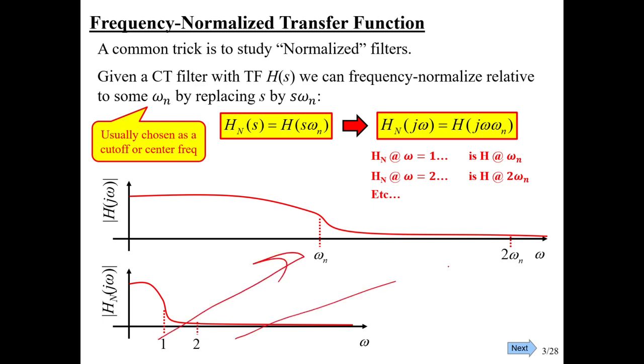So in books that talk about the design of analog filters, they often just do all the development in terms of these normalized filters. And then say, aha, voila, we can map this to whatever desirable cutoff frequency or center frequency that we want.